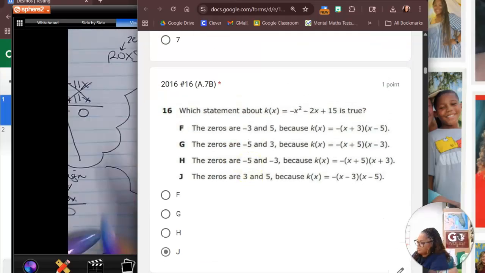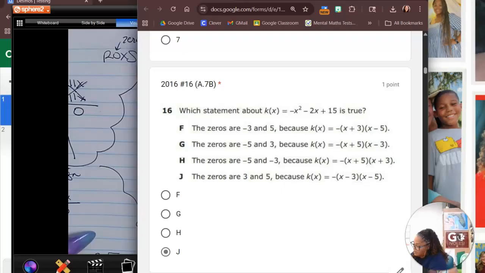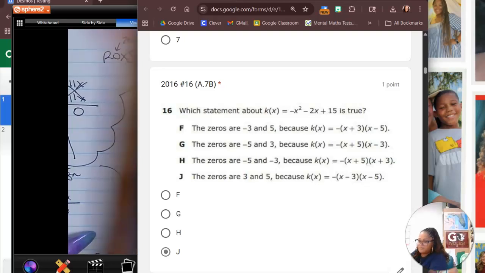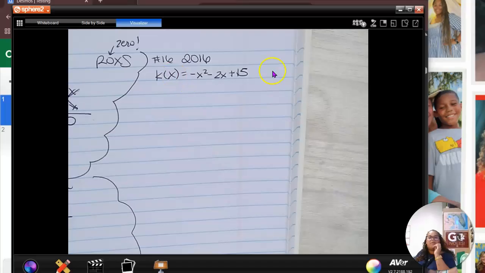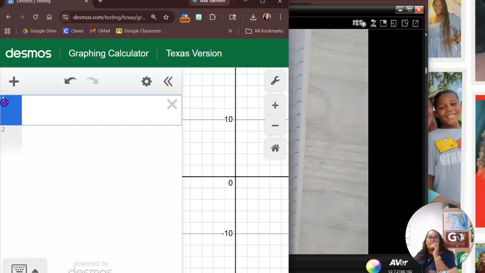K of x equals negative x squared minus 2x plus 15. And this is number 16, 2016. Alright, so here's what I wrote, and I'm going to type it in.